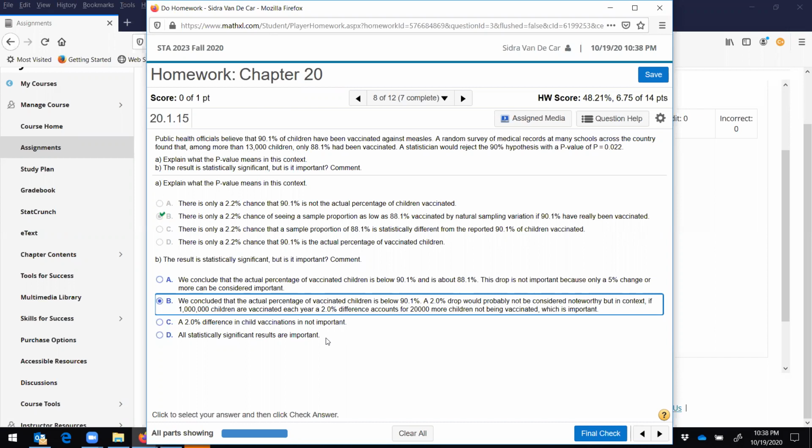Well, in context, that is absolutely meaningless. My eye color doesn't affect your performance on a statistics test. So even though that might be a statistically significant result, it doesn't actually mean anything.